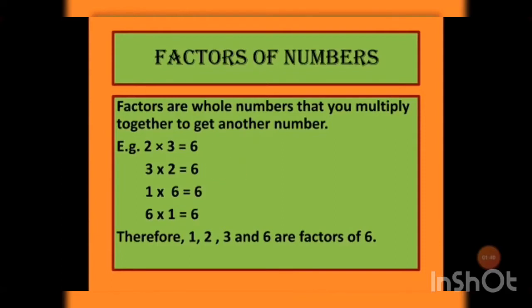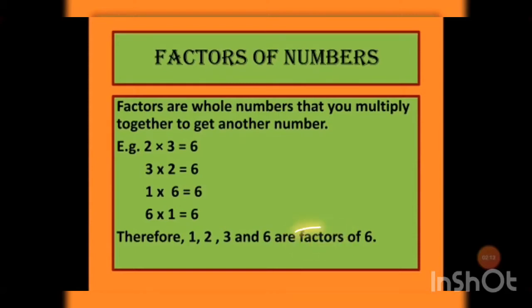Now, if you multiply 1 times 6, it gives you 6. And if you multiply 6 times 1, it gives you 6. Therefore, numbers 1, 2, 3, and 6 are factors of the number 6. Do you understand? If you multiply these numbers, they give you 6. Therefore, they are factors of 6.